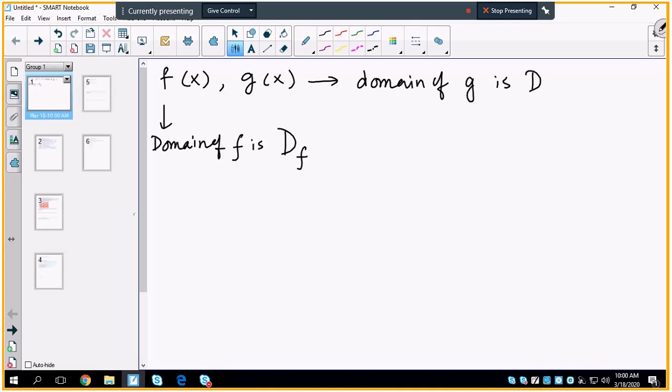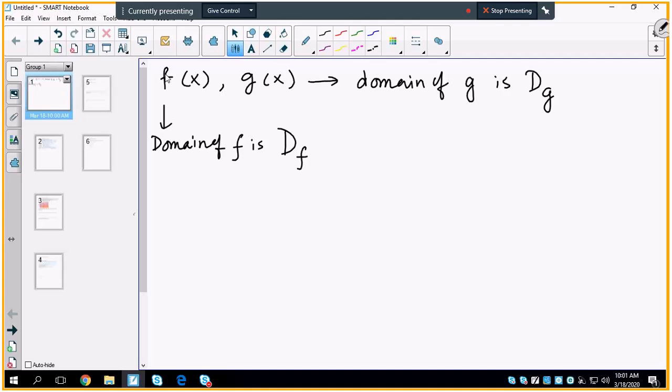And d sub f and d sub g are sets. For us, they are intervals or sets of real numbers on the number line. Anyhow, if we have two functions f(x) and g(x) and we know their domains, then I can associate these two functions by adding them, subtracting them, multiplying them, or dividing one by the other.